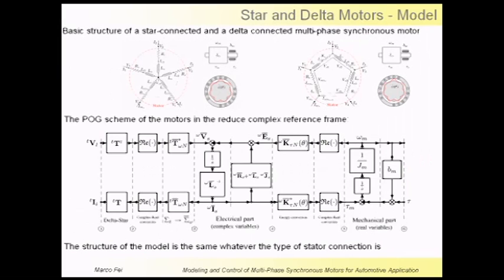In this slide, you can see the POG scheme of the motor. Note that the structure of the scheme is independent from the type of stator connection, because only the connection matrix is modified for star or delta connected phases. Between sections 2 and 3, you can see the previous transformation that allows us to write the dynamic equations of the system in a more compact form.